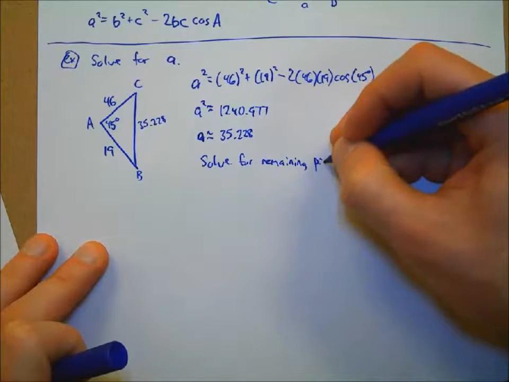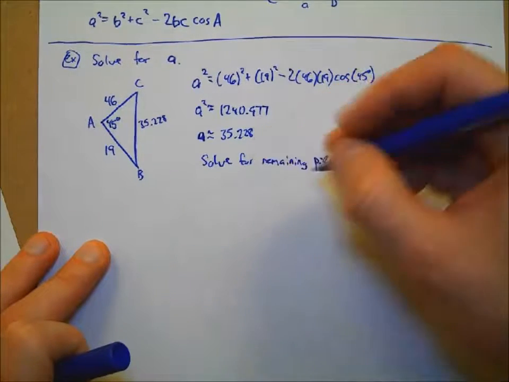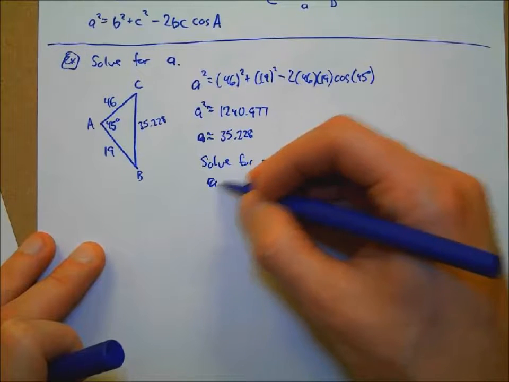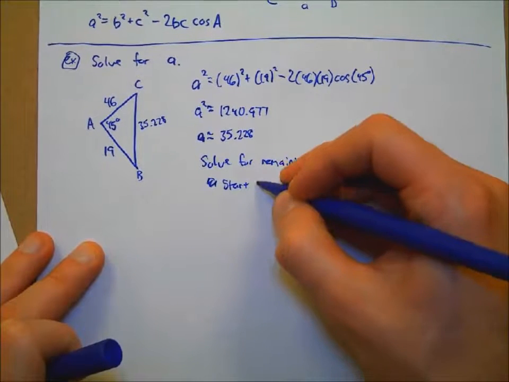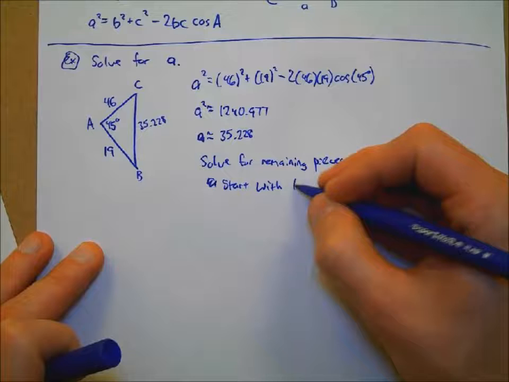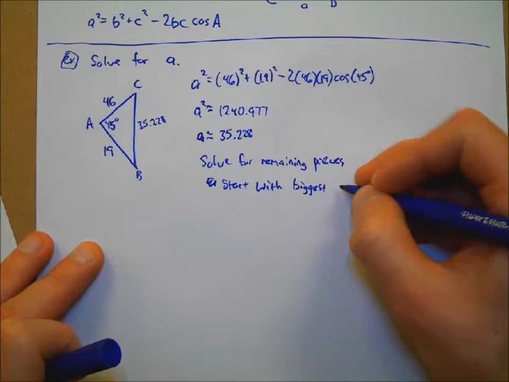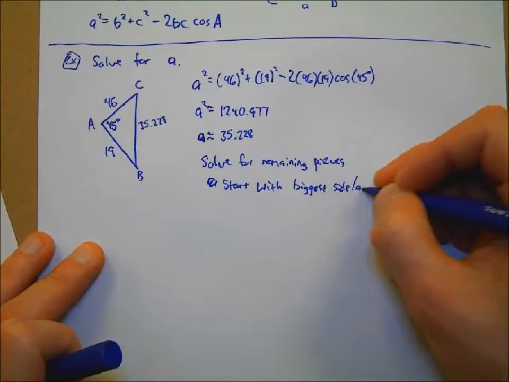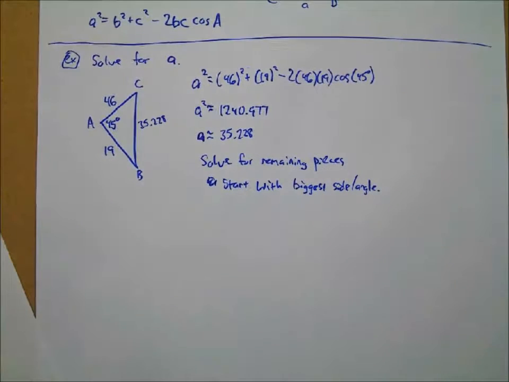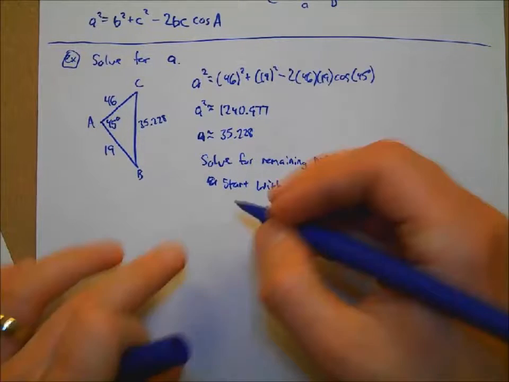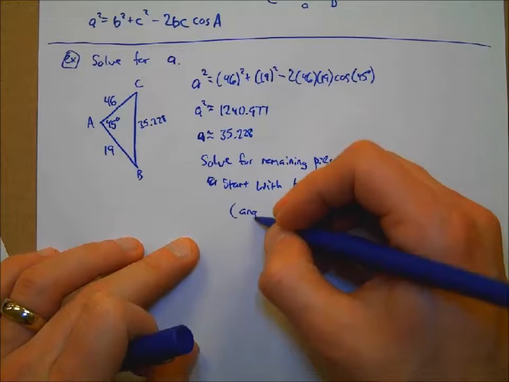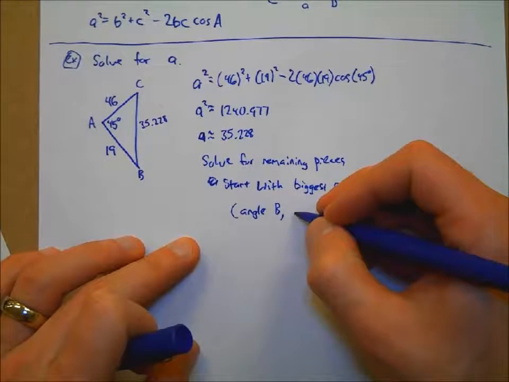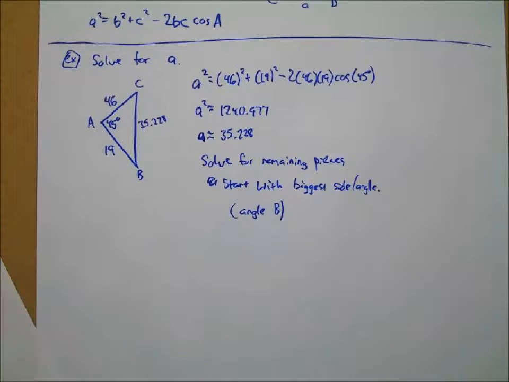I'm just going to say for your notes here: solve for remaining pieces, start with biggest side or angle. In other words, the next angle we should solve for would be angle B, because it's going to be bigger than angle C, since it's opposite 46. And then once you have angle B, you can find angle C by subtracting from 180.